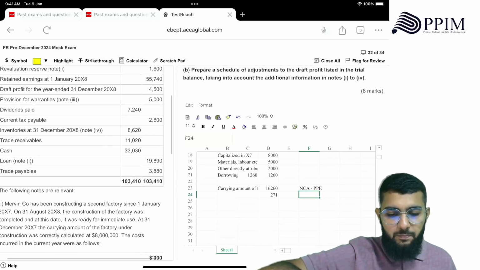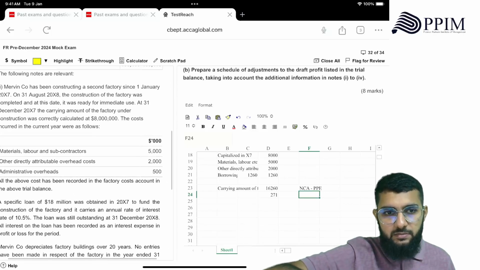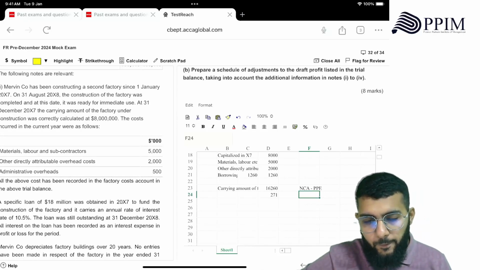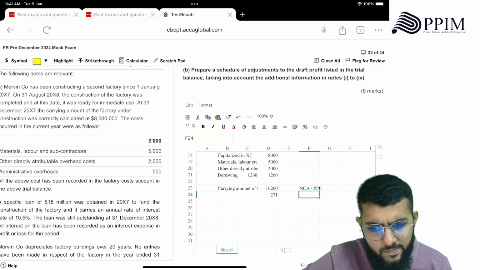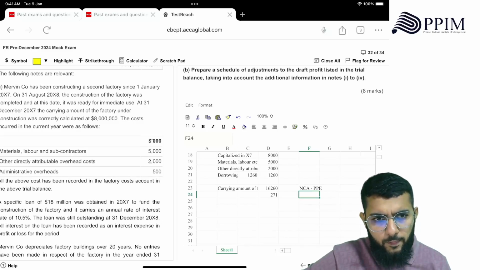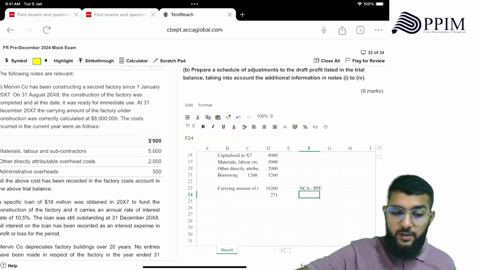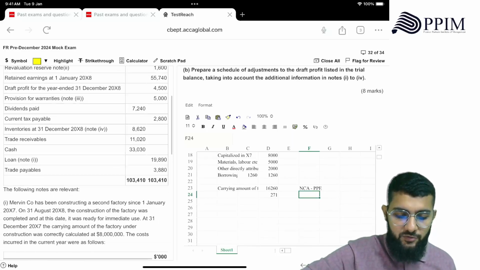That's going to be your PPE answer. Doesn't the 36,000 have the 8,000 included? Which 36,000? The PPE have the 8,000 included? Yeah, that's correct. So 36,000, they've given that 8,000, right?